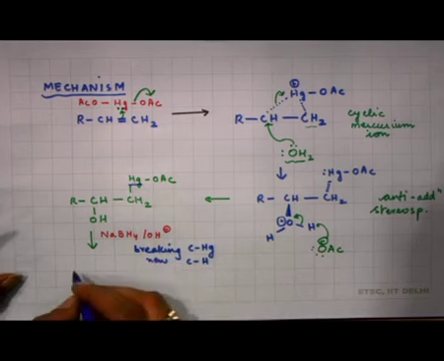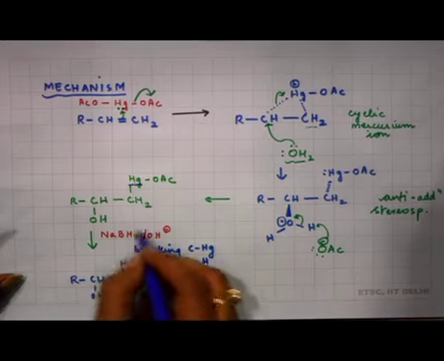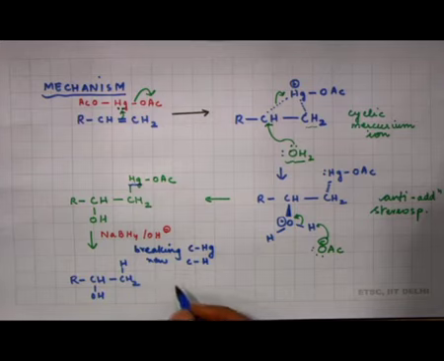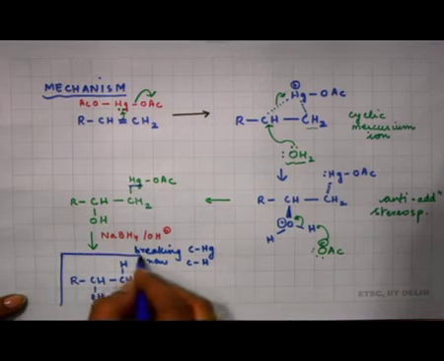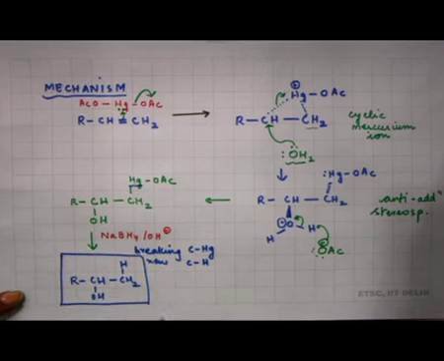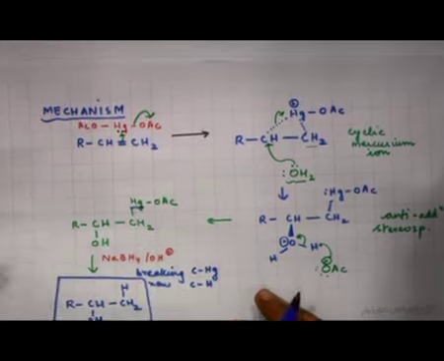So, we have eventually the last step, hydride from the sodium borohydride which replaces the HgOAc, and we get finally our alcohol which is Markovnikov's product.